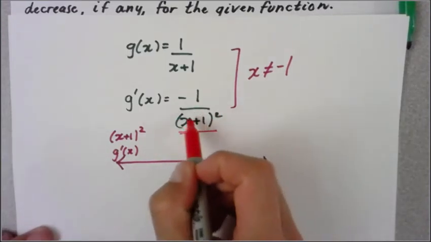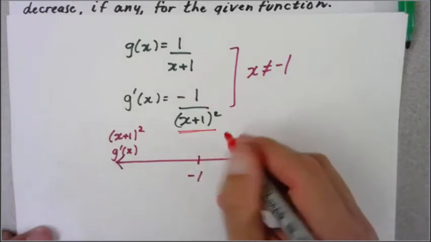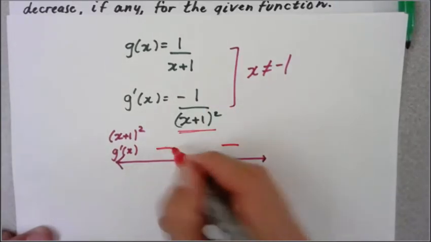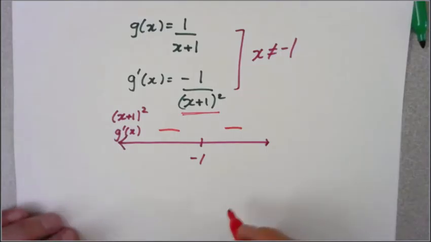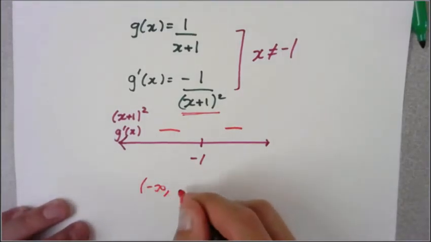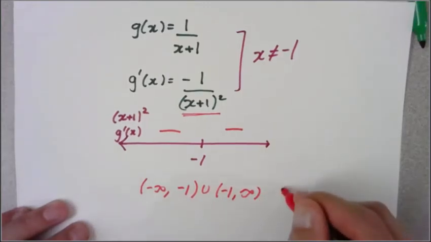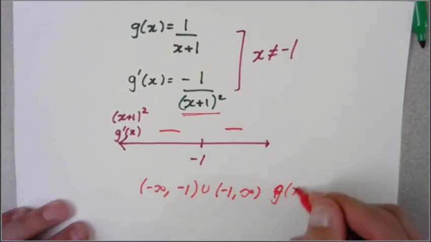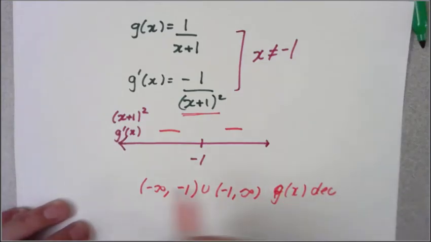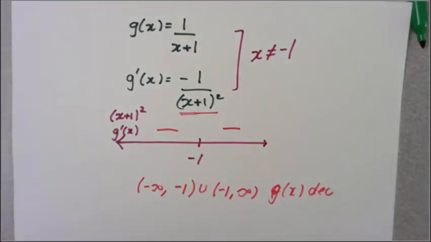But because of this negative, this side is negative. So from negative infinity to negative 1, in union with negative 1 to infinity, g of x decreases. There is no interval where this function increases.